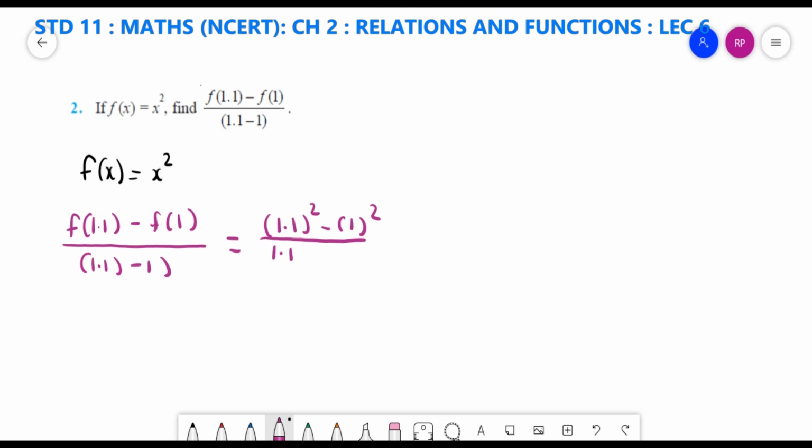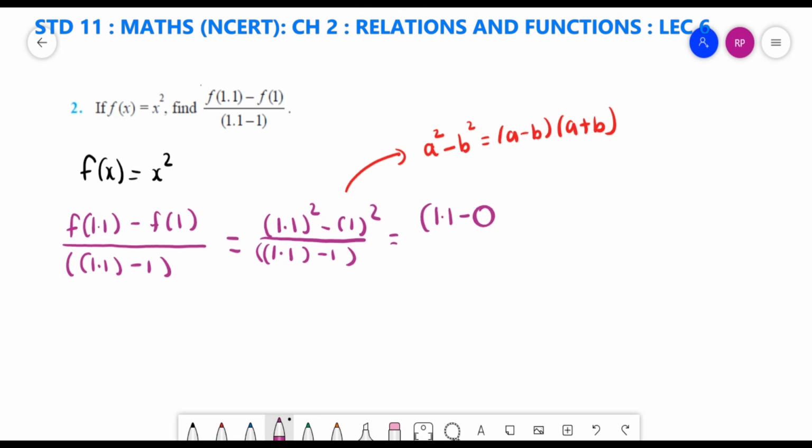Upon 1.1 minus 1. Now what is this? This is a² − b², which is (a − b)(a + b). So when you use that, I will get (1.1 − 1)(1.1 + 1) in the numerator, and in the denominator it is 1.1 − 1.